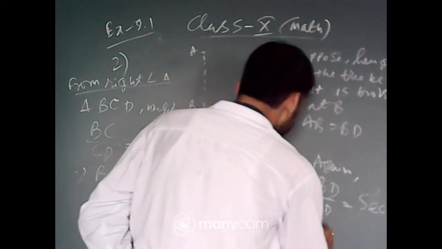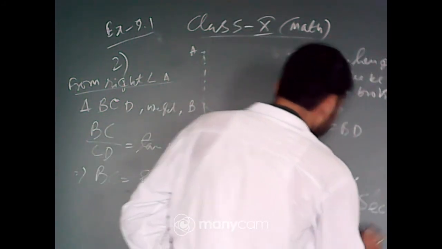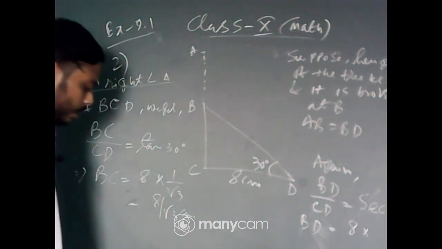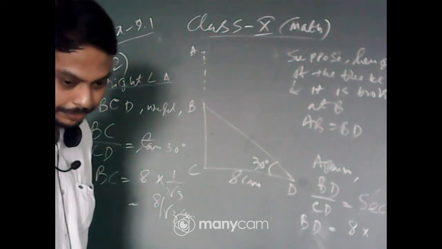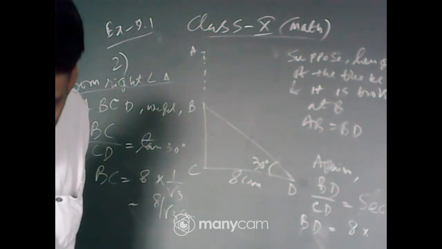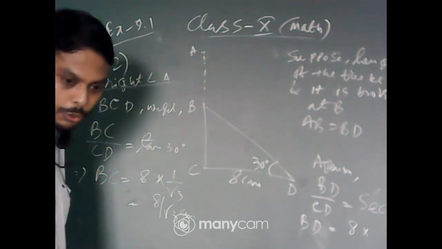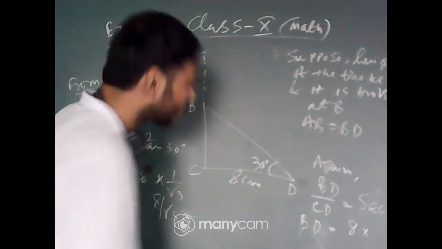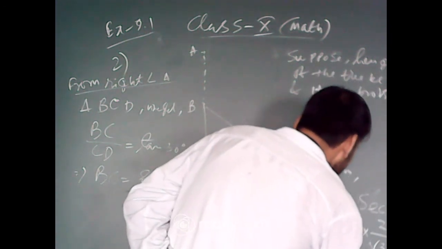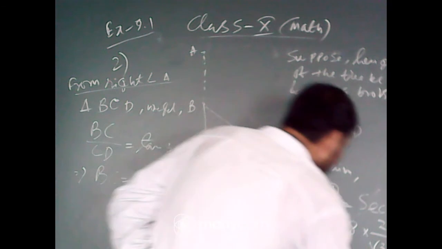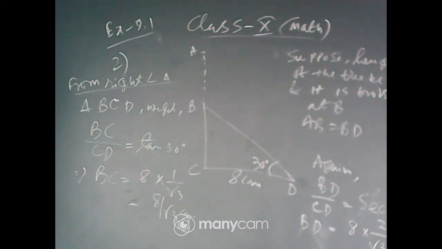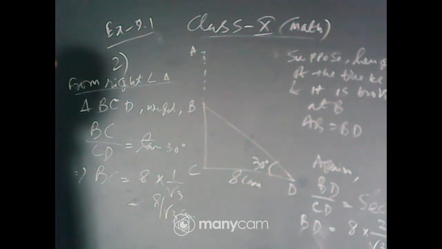So BD equals to 8 into sec 30, which means 2 by root 3. So it will be 16 by root 3 centimeter. So we got BC equals to 8 by root 3 and BD equals to 16 by root 3.